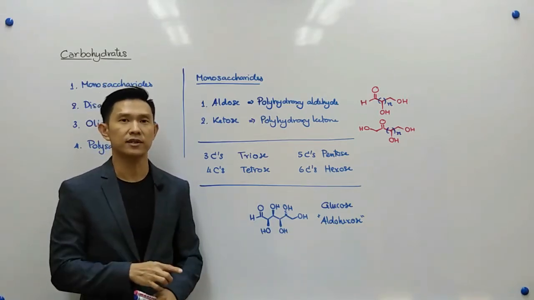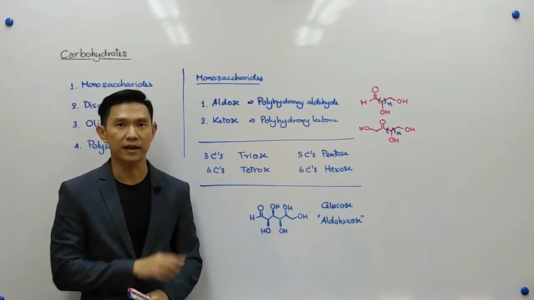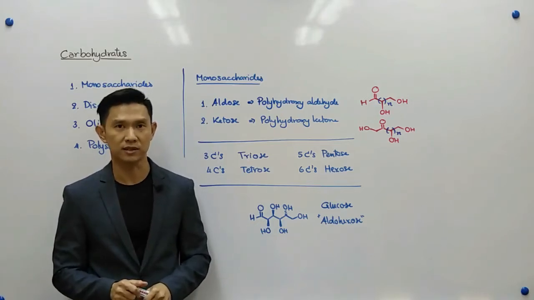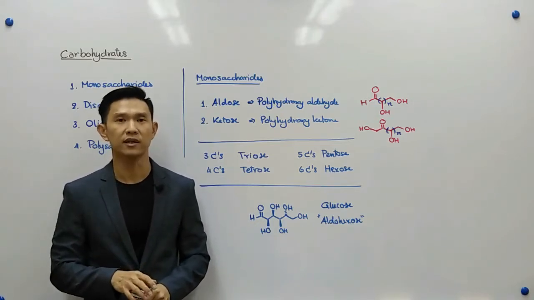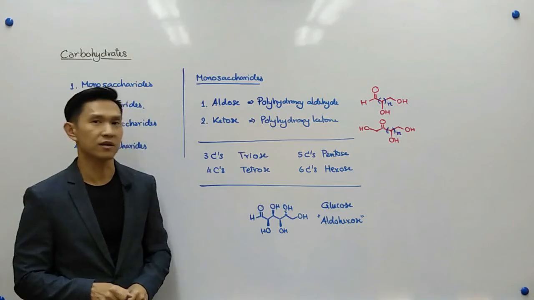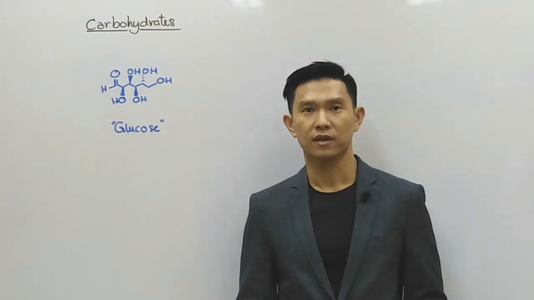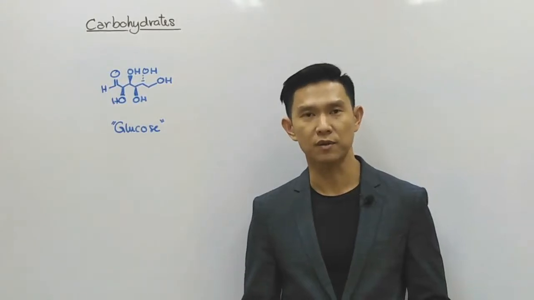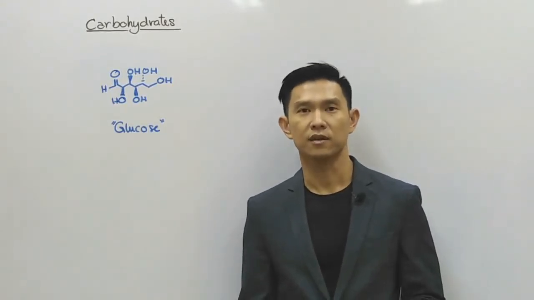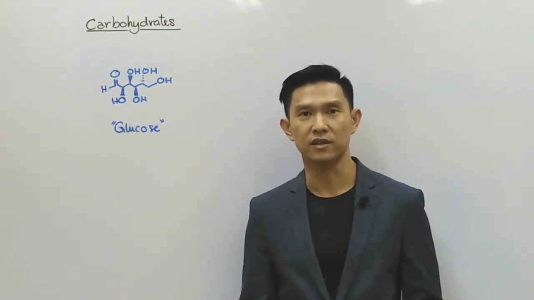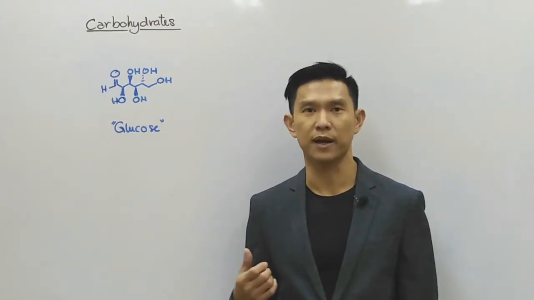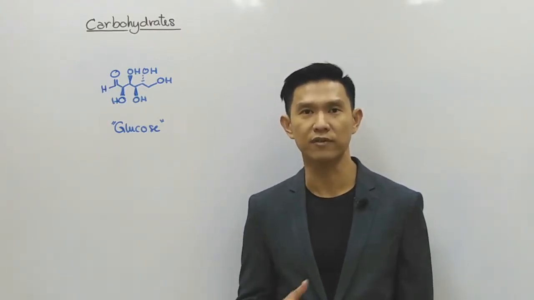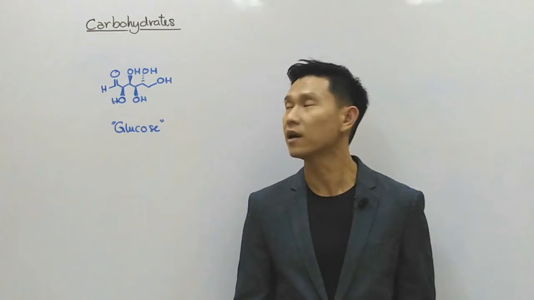So I will go deeper into the details about the structure of glucose and other forms of sugar, the monosaccharides. Let's see what we have. We start the monosaccharides with glucose, the most abundant monosaccharide in nature, because it is produced by photosynthesis of every plant in the world.